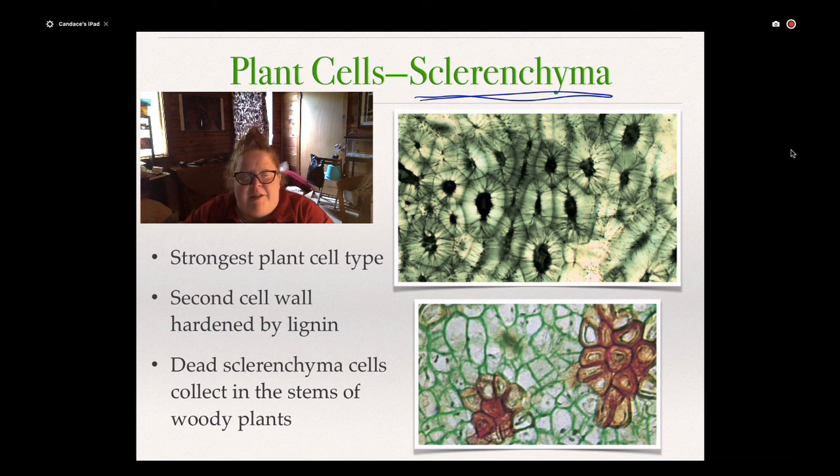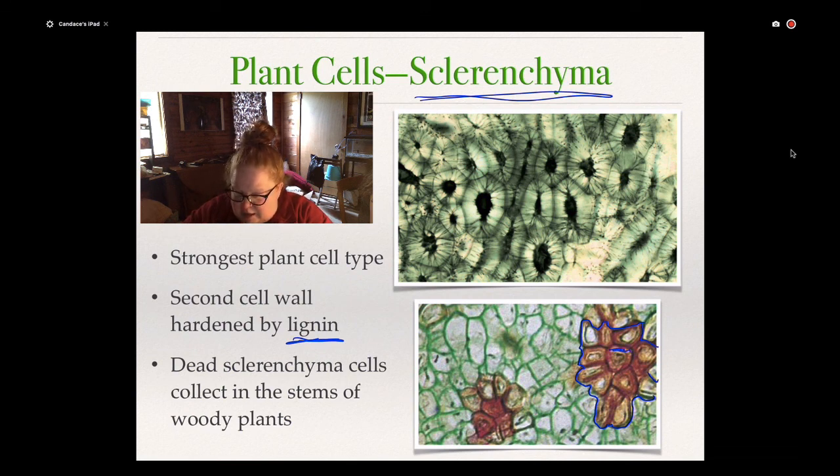These sclerenchyma cells are going to be the ones that have lignin, which, remember, is that carbohydrate that can be found in some plant cell walls along with cellulose. And those are going to give that woody strength to those kinds of plants. That's why, usually when you look at them under the microscope, they're not going to be green, because they're no longer undergoing photosynthesis, because they're dead cells.